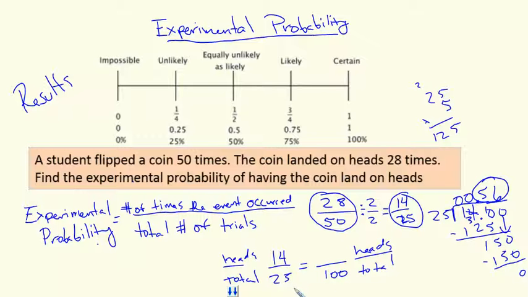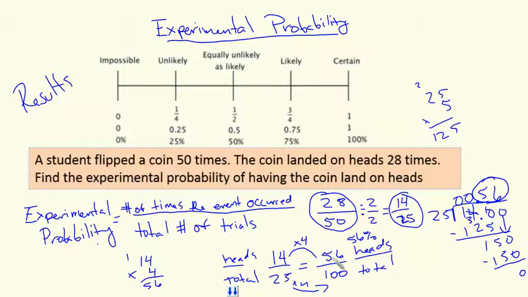Okay, so 25 times 4 gives me 100. 14 times 4, we get 56. 4 times 1 is 4, plus 1 is 5, so 56. So we get 56 over 100, or 56 per 100, so 56%.